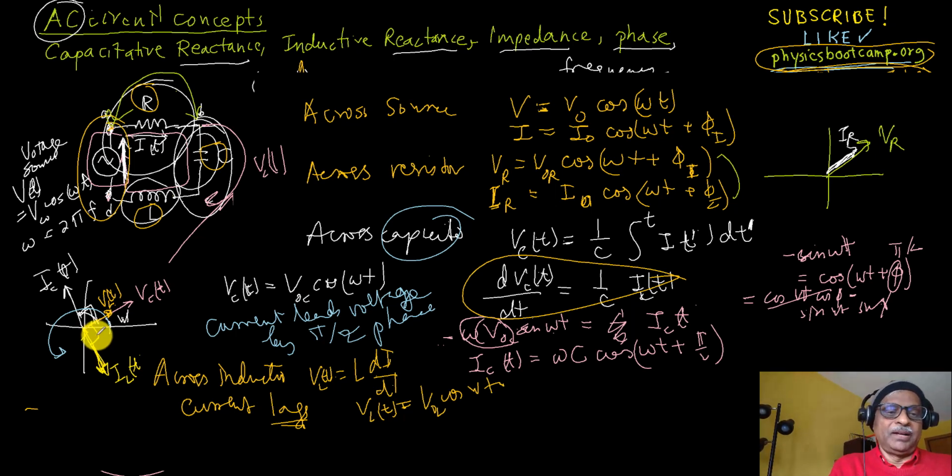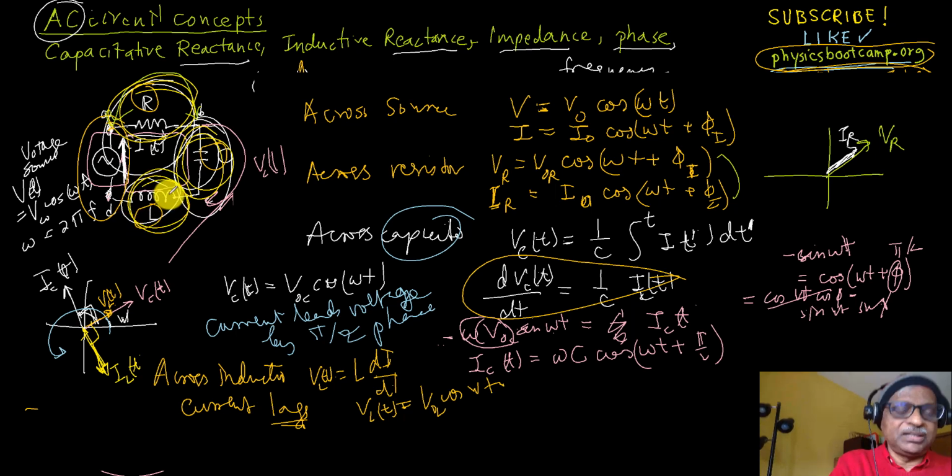However, we have the current the same, right? Not the voltages. So we want to look at the voltage here, and the voltage here, with respect to the current. Try this diagram, this is the current, and see how that will turn out. Let's talk about that now.